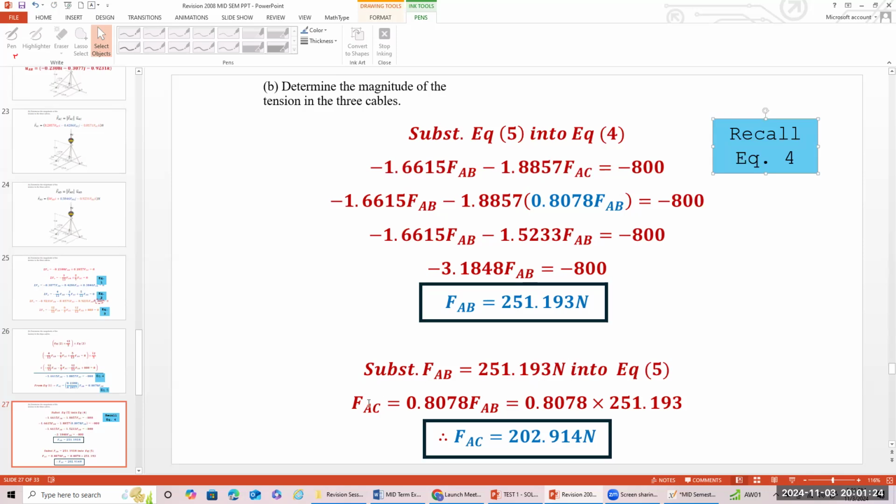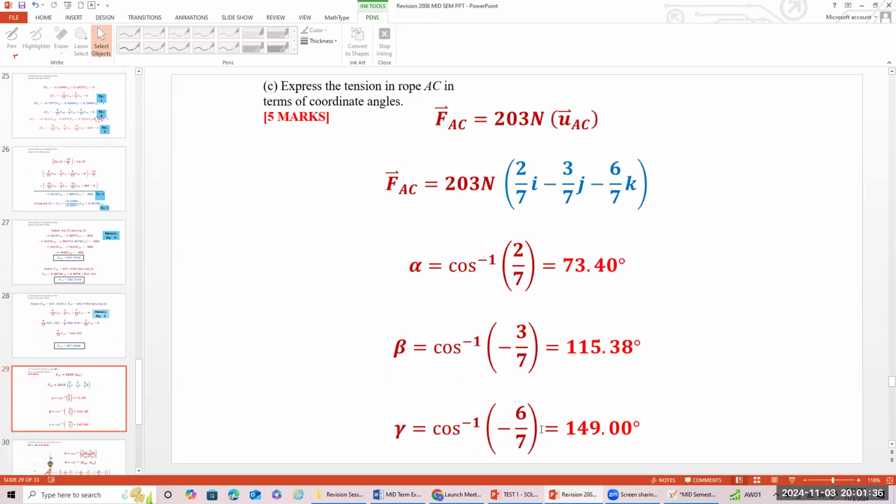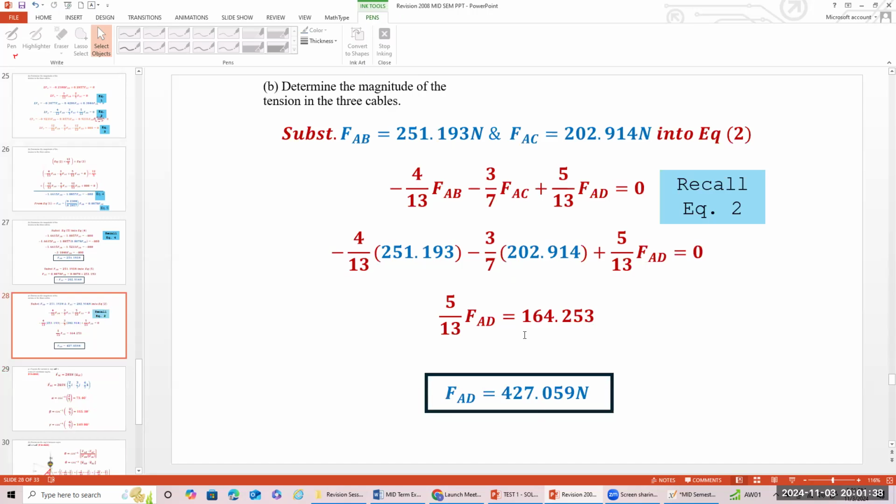You're going to substitute FAC in terms of AB, and you simply drop it inside here, and AC drops out. Now you only have one unknown, and that you can just substitute in any one of the equations and you get it. You could choose to do it in either equation 1 or equation 2, anyone that has AC, AD in it.